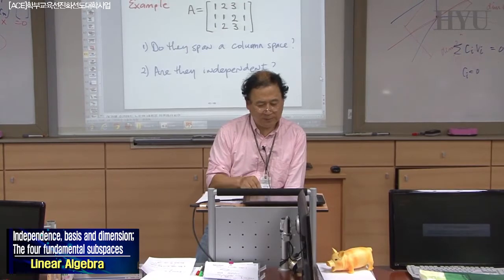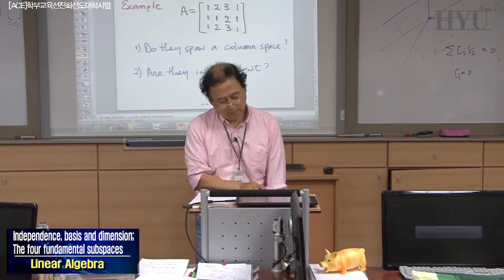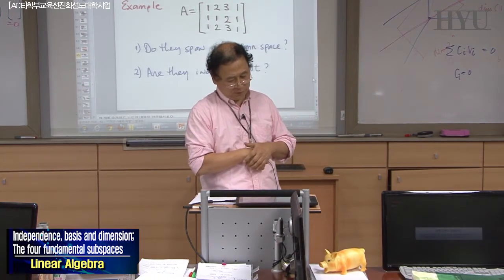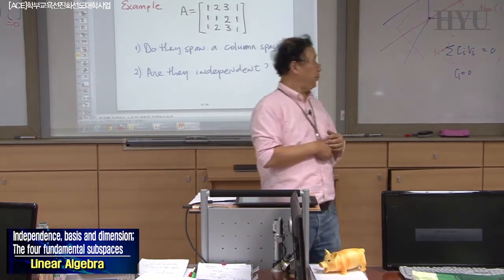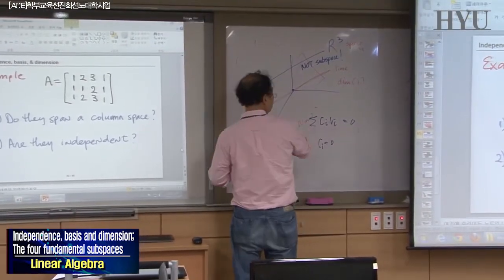Okay, this is an example. It's 1, 1, 1, 2, 1, 2, 2. So we have a matrix A which is 3 times 4, right?